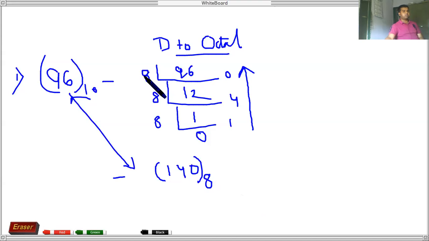This time we are not dividing by 2, we are dividing by 8. Okay, clear everyone? Yes, sir. Okay, just hold on a second, I will continue.